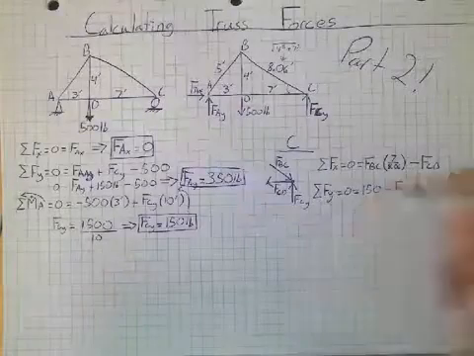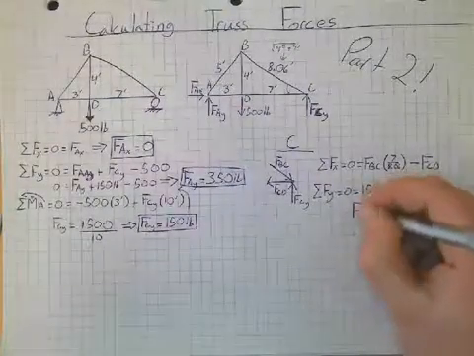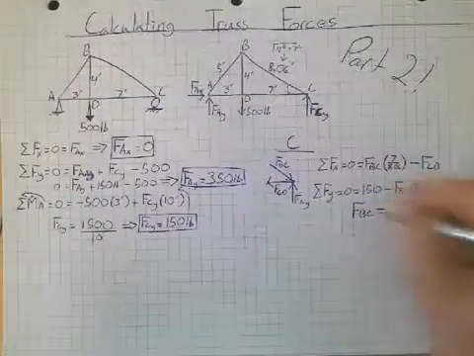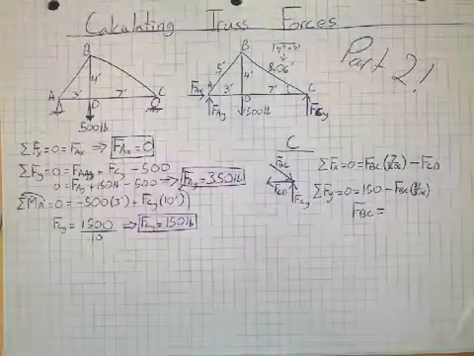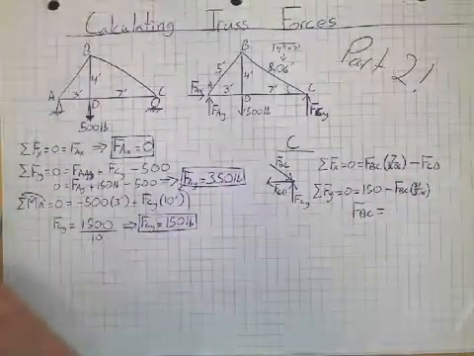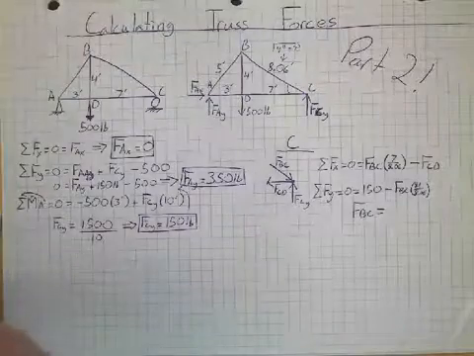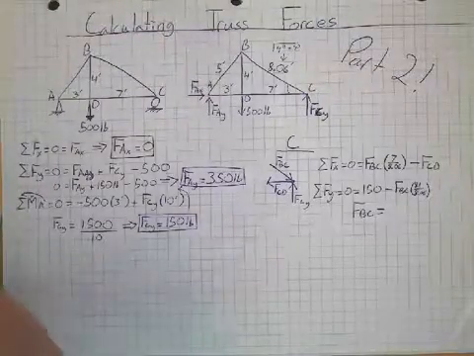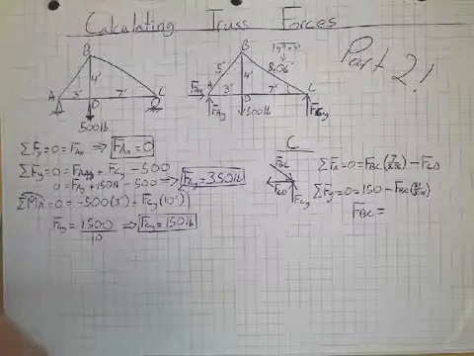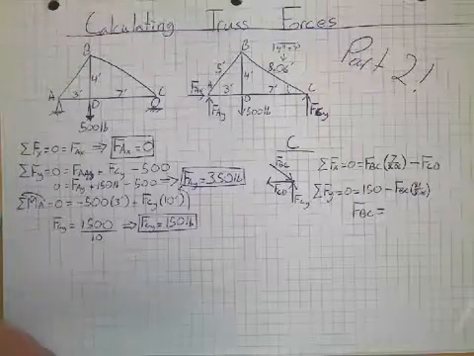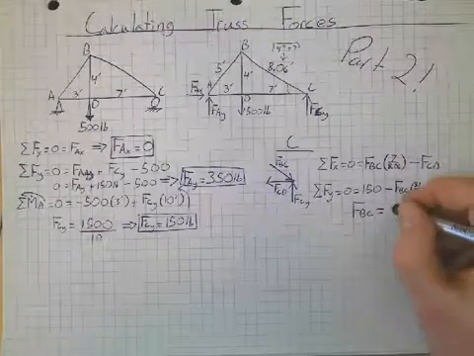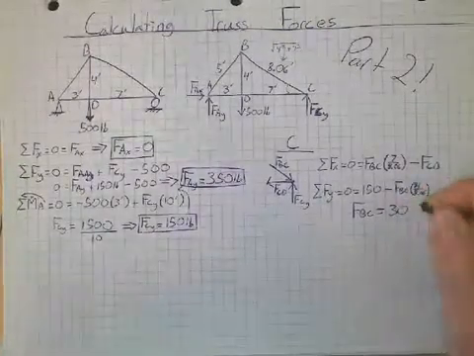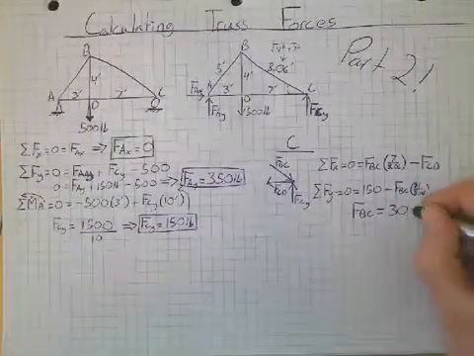And so with that, I get FBC is equal to 150 divided by 4 over 8.06. And I get FBC equal to 302.3, let's call it.